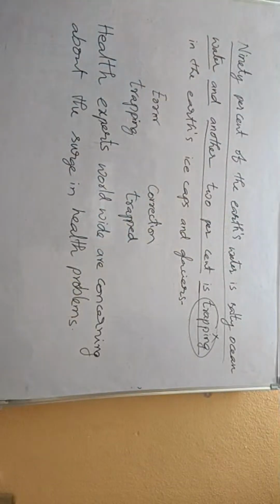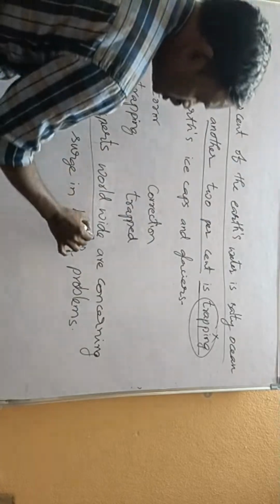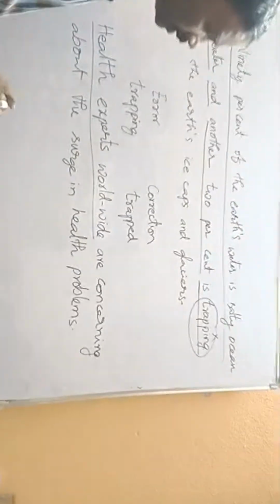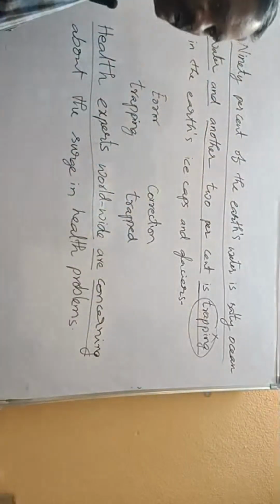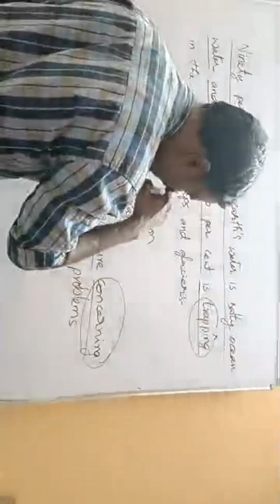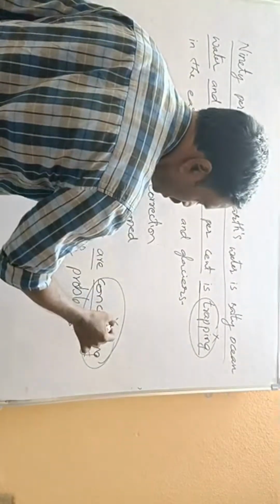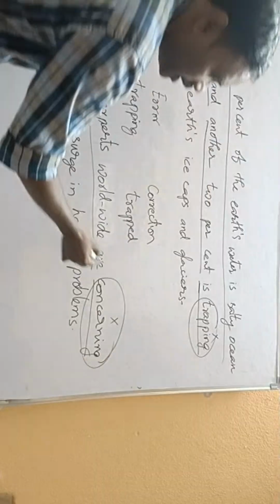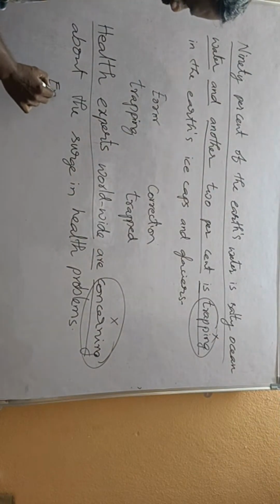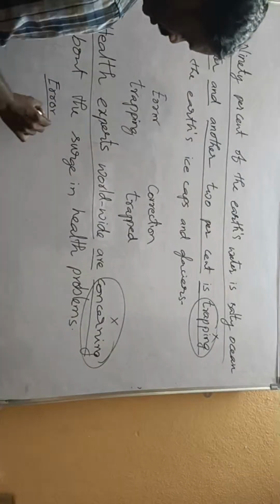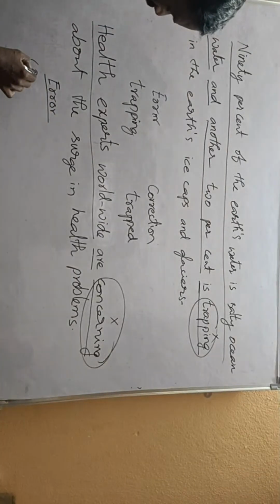Here you see, health experts, those who are worldwide, are concerning. The same thing is repeated here. After are, continuous tense form is given. So instead of this, we write V3. Are concerned. Error is concerning.